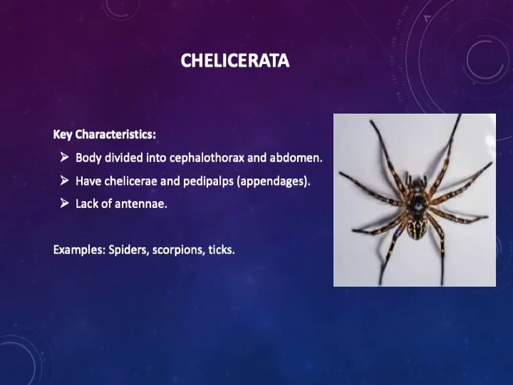Now coming to classification in detail. Class Chelicerata. The body is divided into cephalothorax and abdomen. They have chelicerae and pedipalps, which are appendages, and lack antennae. These are the key features of the Chelicerata.